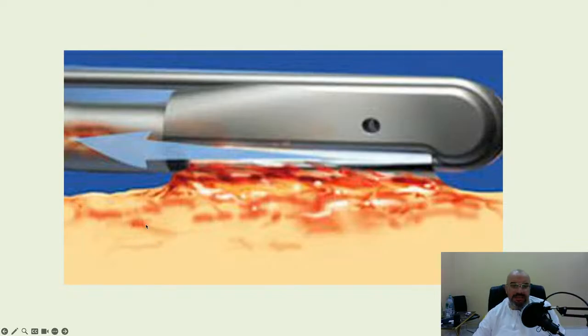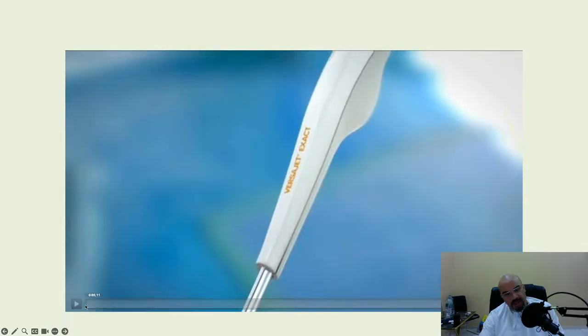Anyway, this is how it looks. It's similar to the blade. This is hydrotherapy. It's not a metal blade; rather it's a very fast flow of water, and when the flow of water passes through the tissues, it leads to debridement. This is also how it looks.